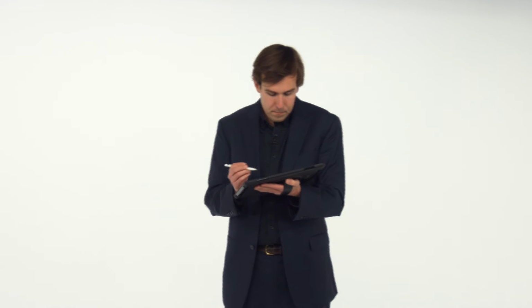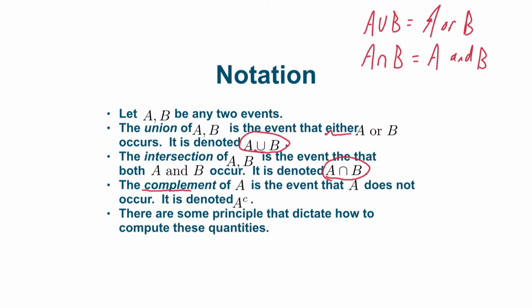If I'm interested in the probability that some event does not happen, I want to give a name to the event that this thing does not happen. This is what's called the complement of an event. The complement of A is the event that A does not happen.